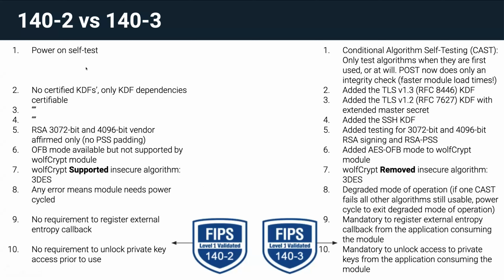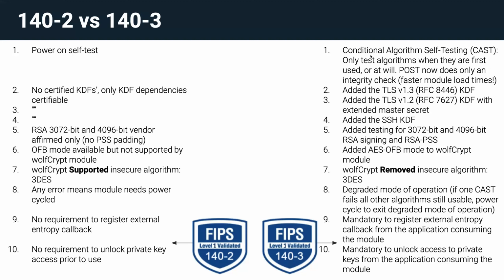And this could lead to, especially on low powered devices or slow clock speed devices, significant delays in boot times, which was really problematic for a lot of our customers, especially in the IoT and edge device space. So under 140-3, there were enough complaints about this that they changed the requirement now to a conditional algorithm self-test instead of a power on self-test.